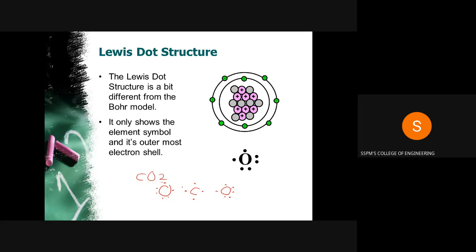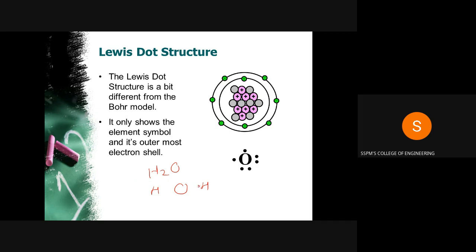Then for hydrogen, H2. The next example is H2O. In H2O, O is at the center and H at the outside. Hydrogen has only one electron, so one dot.